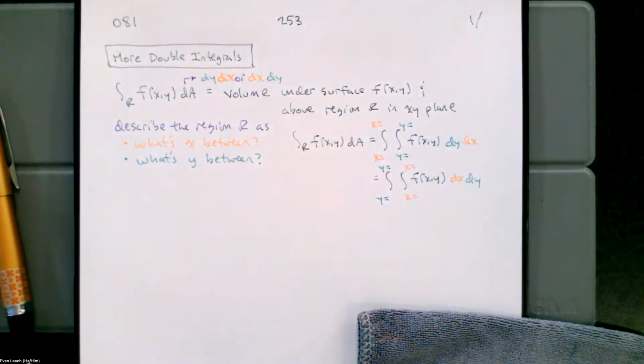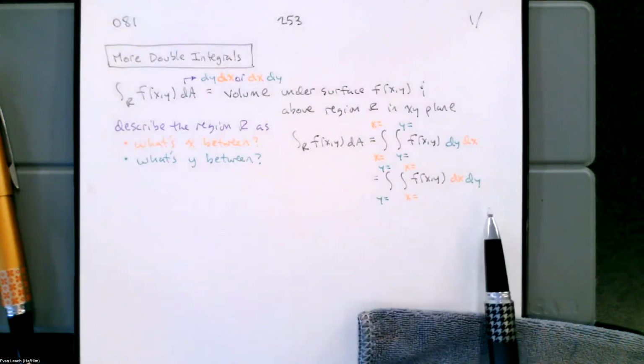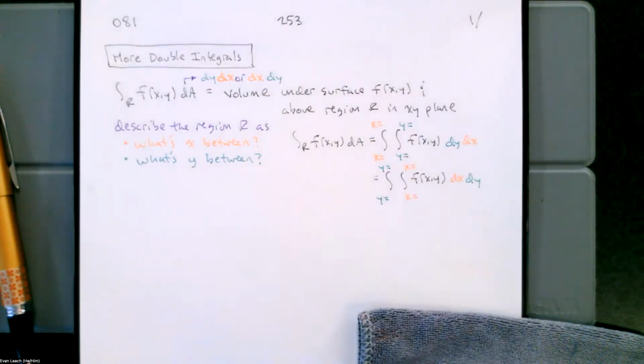Then we set up some rules for what has to happen. Whatever integral is going last, that is the first one we write down, the outer integral.